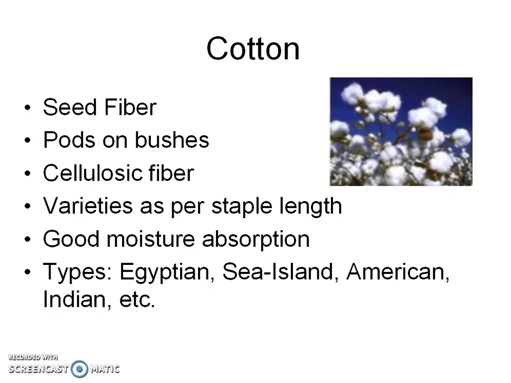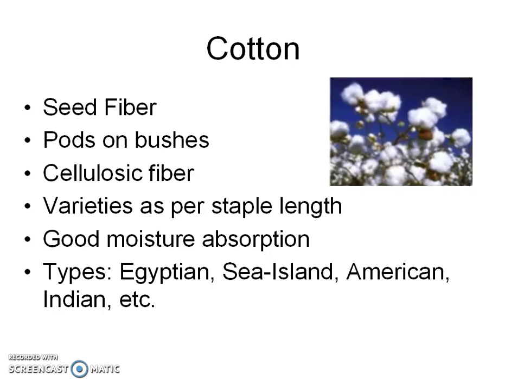As we studied in the classification, cotton is a seed fiber. The fiber grows on the seed, and on each seed there are about 20,000 fibers. The fiber grows in pods on bushes, and there are about 7 to 8 seeds in each pod.